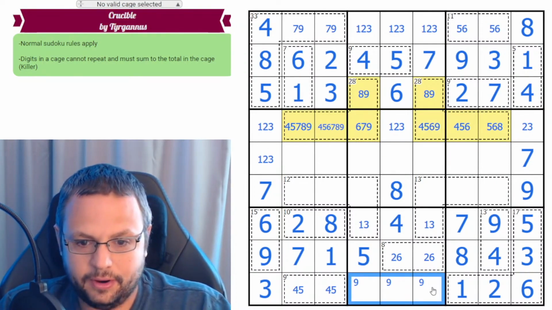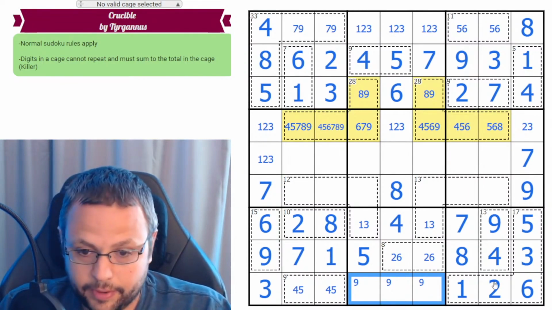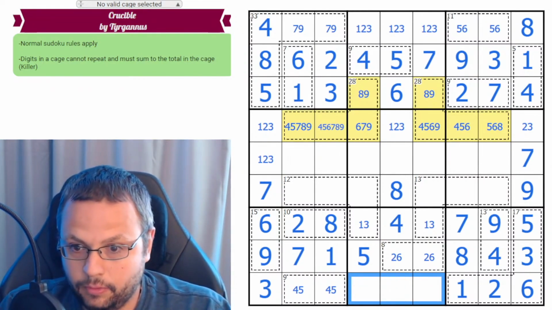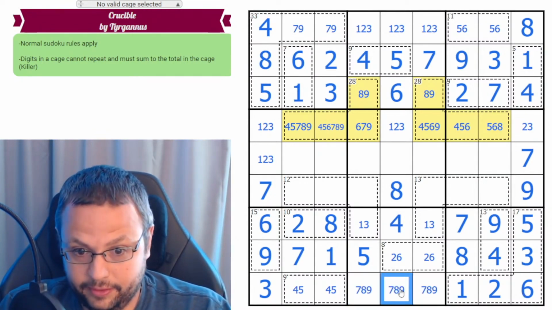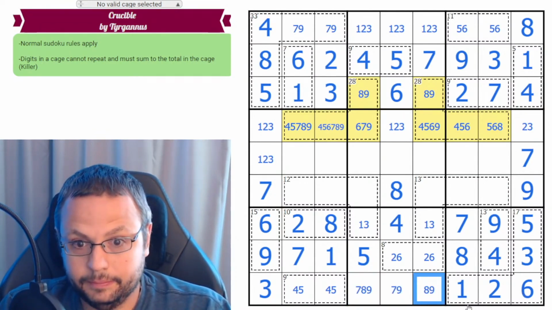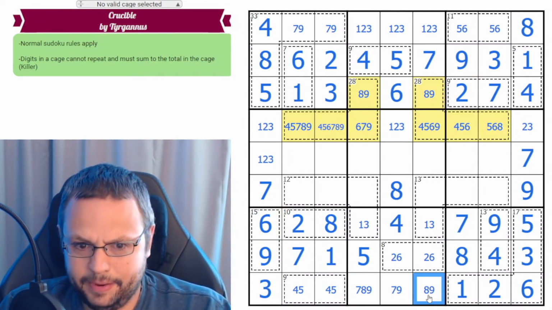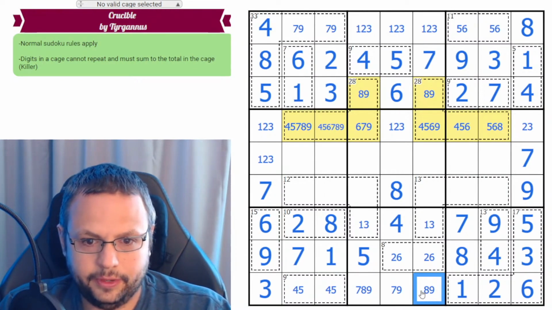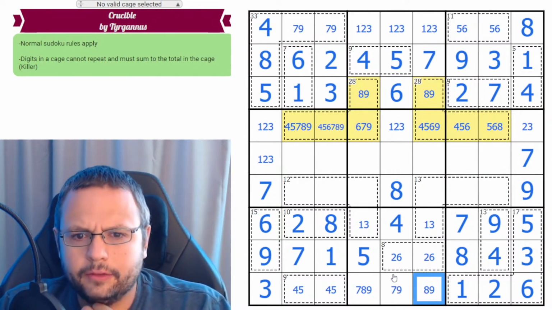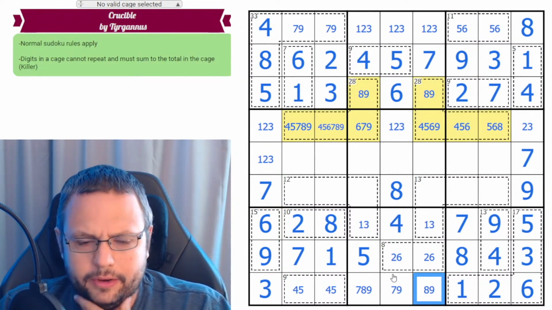These digits are, for the record, let's get rid of the 9 in the corner. 1, 2, 3, 4, 5, 6, 7, 8, 9 is the answer. This one's not an 8. That one's not a 7. That gives me an 8, 9 pair in this column. Interesting. Not surprising at all, though, I don't think.